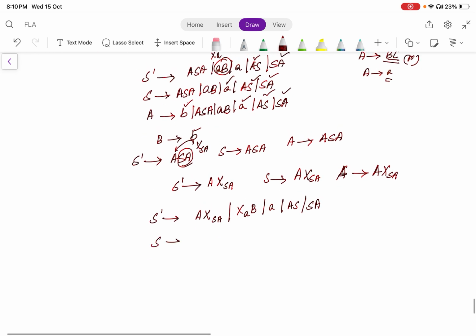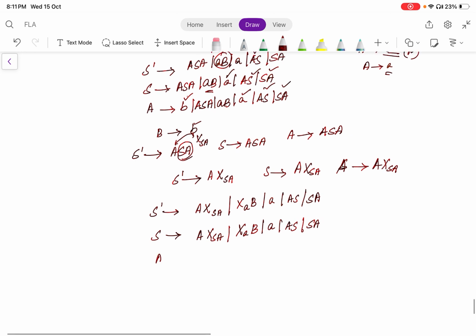Now you write for S. A XSA, or AB is not in CNF, so XAB, or A is already in CNF, AS already in CNF, SA already in CNF. Now A tends to B already in CNF, ASA not in CNF, but we are substituting SA with XSA. That will make it CNF. So here XAB, AS already in CNF, SA already in CNF, B tends to b already in CNF.